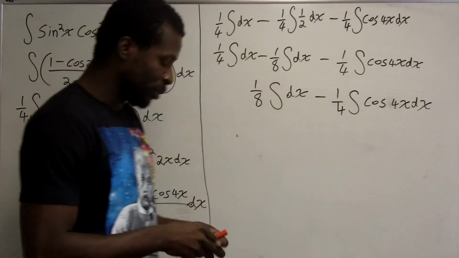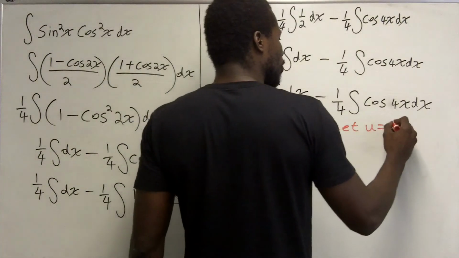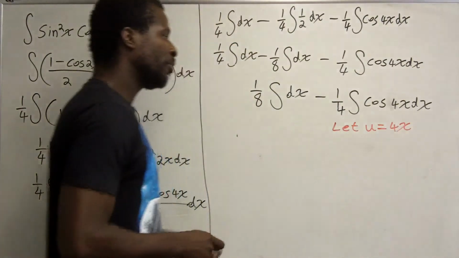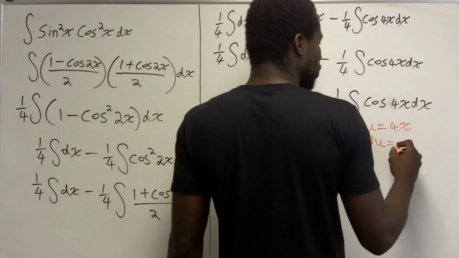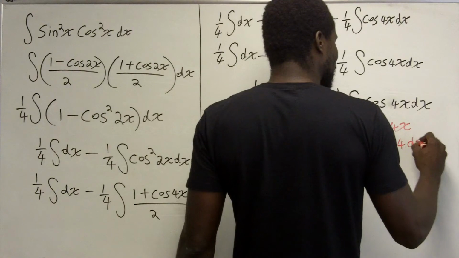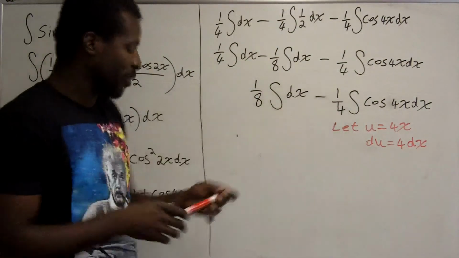This integral, I'm going to do a u-substitution. I'm going to let u equal 4x. If u is equal to 4x, then du is equal to 4 dx. So I can rewrite this integral.